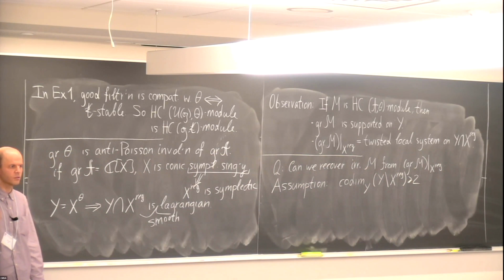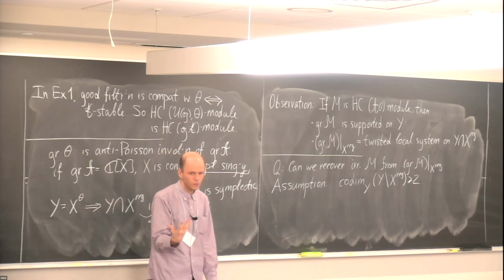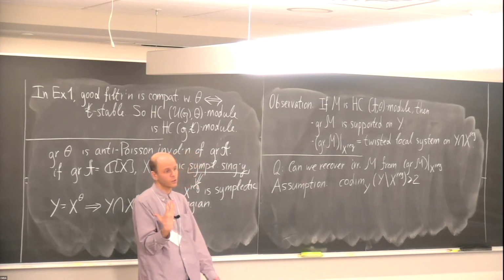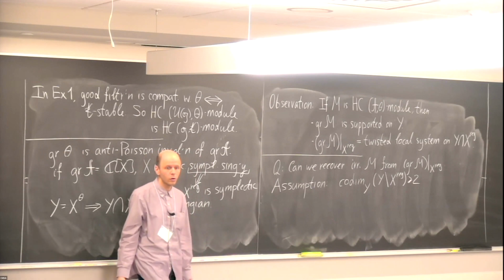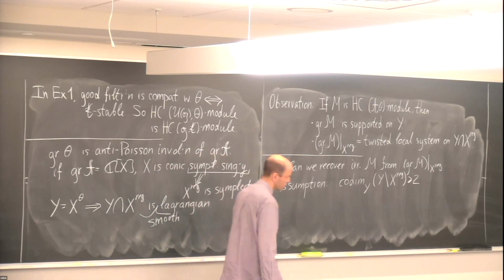I removed something of codimension 2. The basic statement that goes into this assumption is that if you have a vector bundle on a reasonable variety, and you know this vector bundle outside of codimension 2, then you know it everywhere. You can just push forward. On the other hand, if you know it outside of codimension 1, then you don't know much.